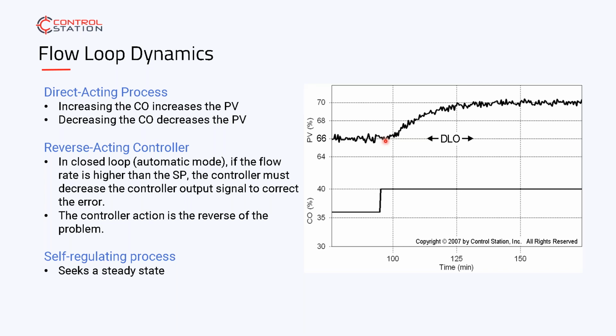And flow loops are typically steady state. What we mean by steady state is a self-regulating process. Wherever you set the valve, it seeks a new state and should stay there, barring too many unforeseen circumstances.